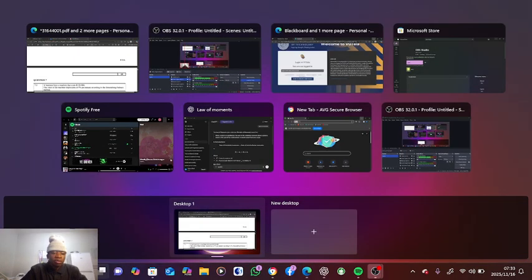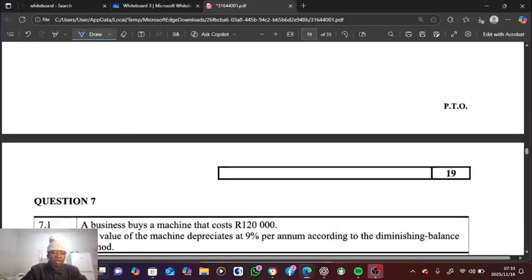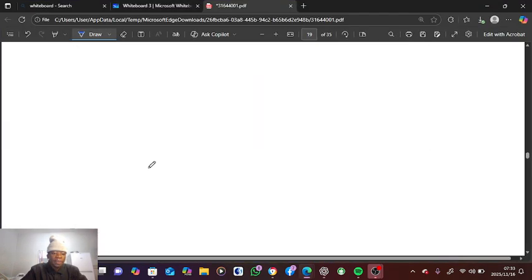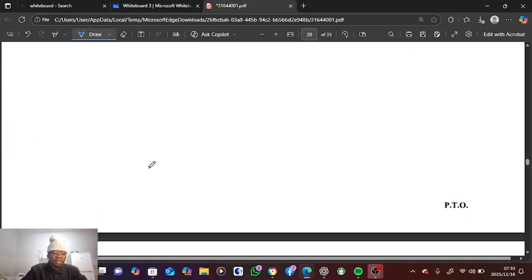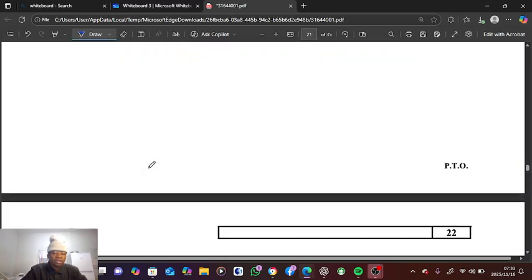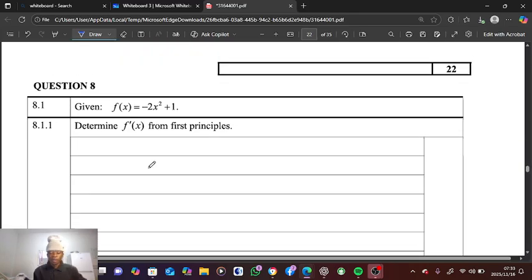We move to question number 8, because we have to do a calculus question so that we can wrap up. On calculus, we're going to deal with first principles, derivatives and differentiation.